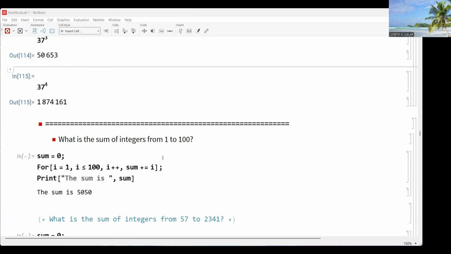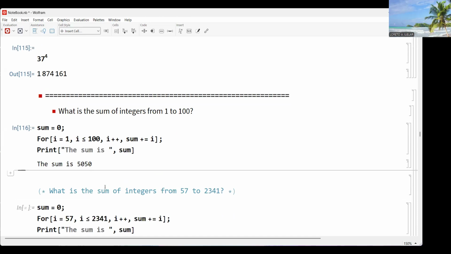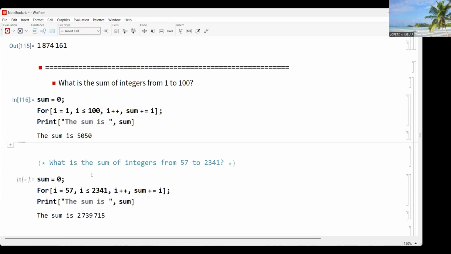So what is the sum of integers from 1 to 100? So we have here, by using this grouping, right? What is the sum of integers from 1 to 100? Now what is the sum of integers from 57 to 2341?